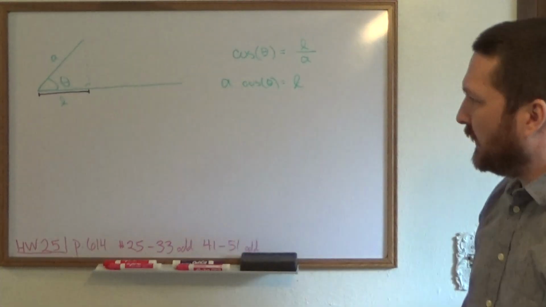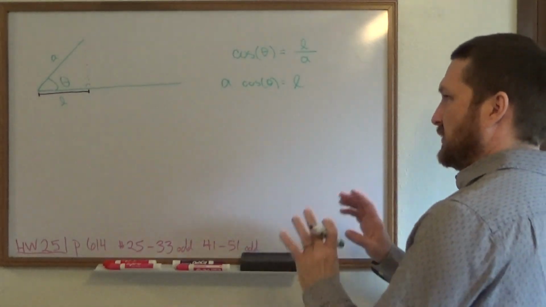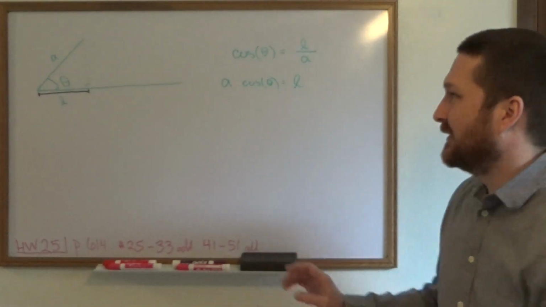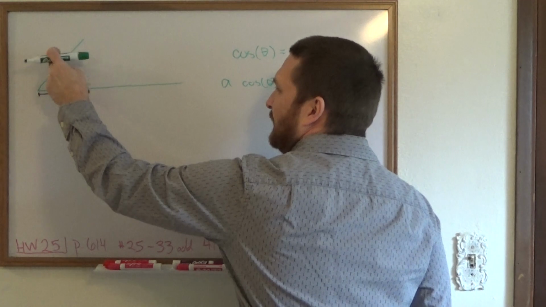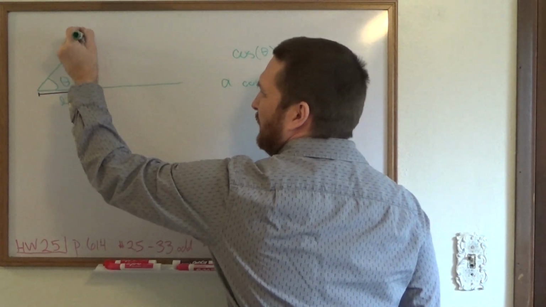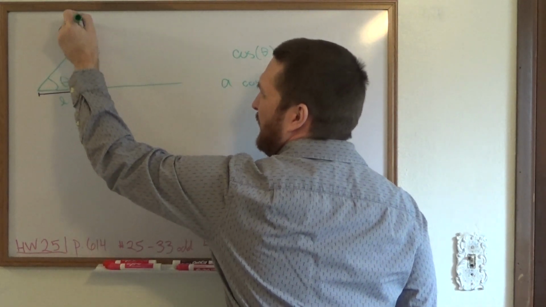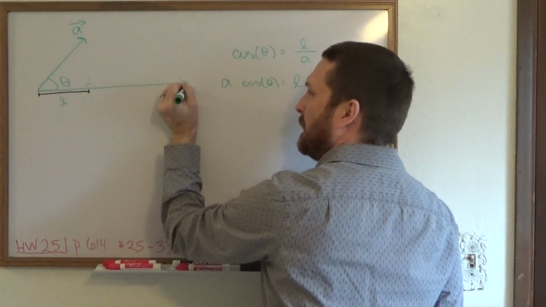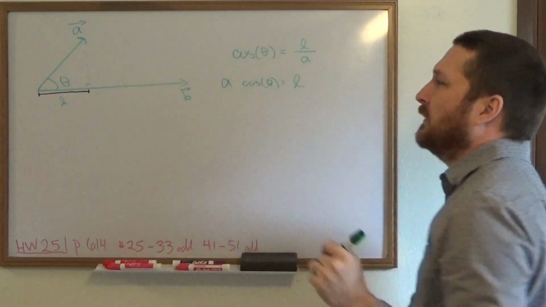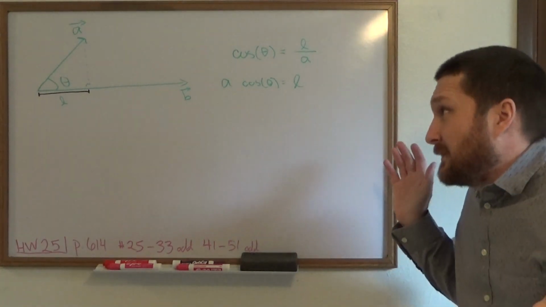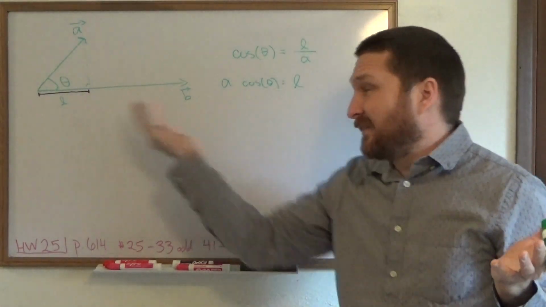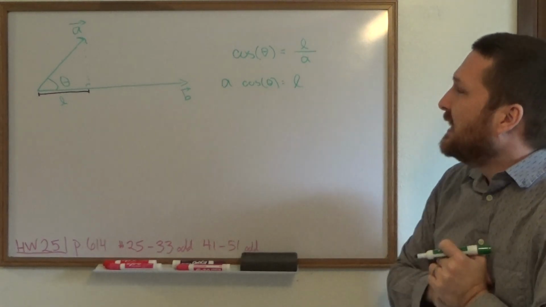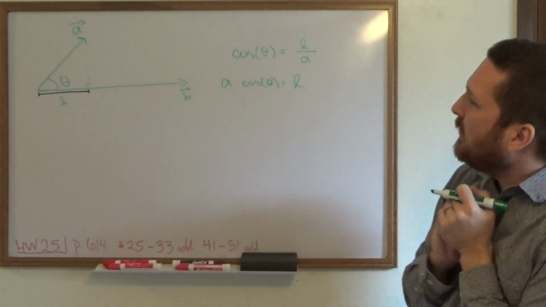Okay? Now, let's change this slightly. Let's say that this is a vector, and we'll name that vector A. And let's change this and call this a vector B. It doesn't matter. I don't think we use this length at all, but I'm just going to do that anyway. Now, how does this change?